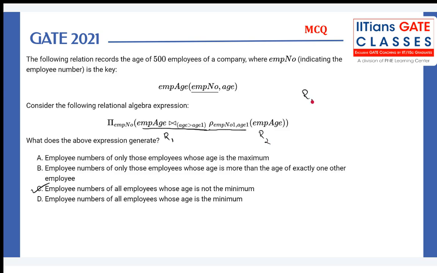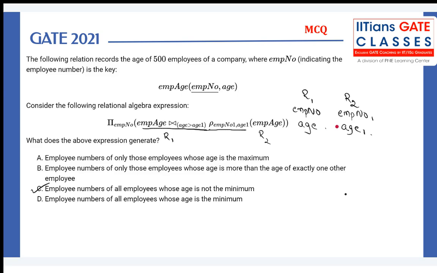So there is an employee number in R1 and there is an age in R1 and they are joining it with R2, which is the same relation, but with the names of the column different. Employee number 1, age 1, right? Now they're trying to do a join based on the condition that the age is greater than age 1.